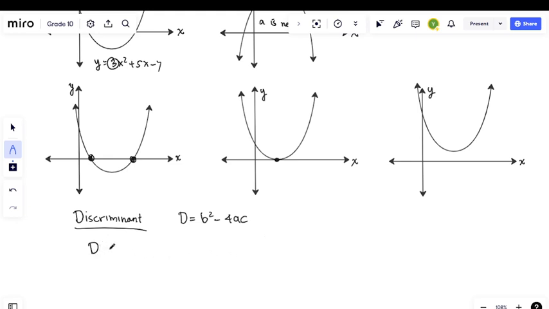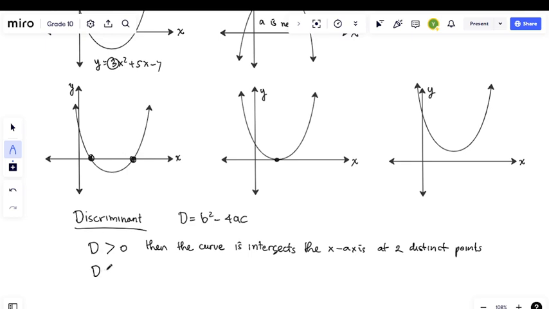When D is greater than 0, or when the D is positive, then the curve intersects the x-axis at 2 distinct points. Ya, di 2 titik yang berbeda.